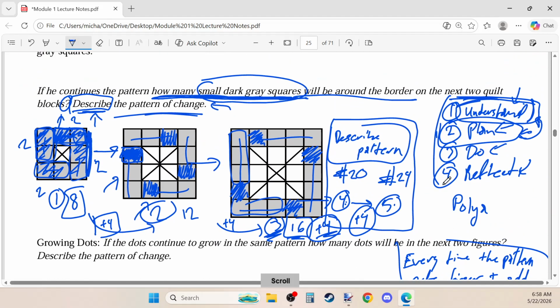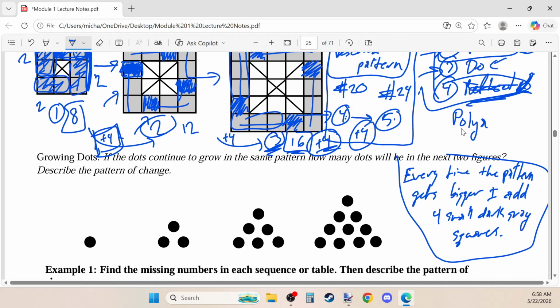So we have planned, we did the plan, we reflect to see, does this make sense? Well, we kind of did a little bit of reflection when we walked through why +4 is the right pattern. We could do a little bit more reflecting. We could actually draw out the next step. So this was a 5x5 grid.